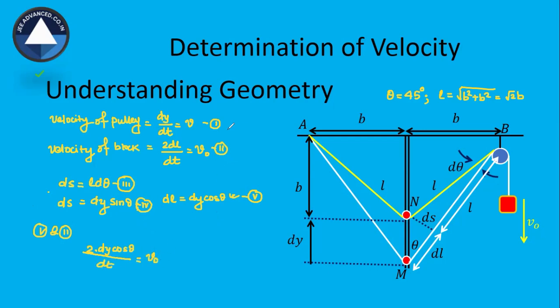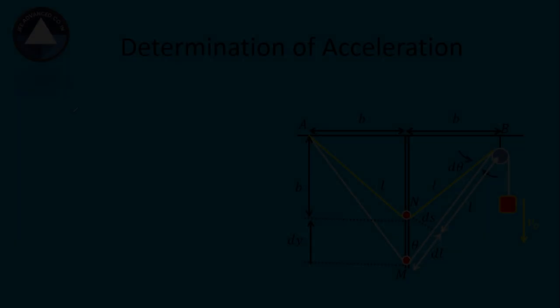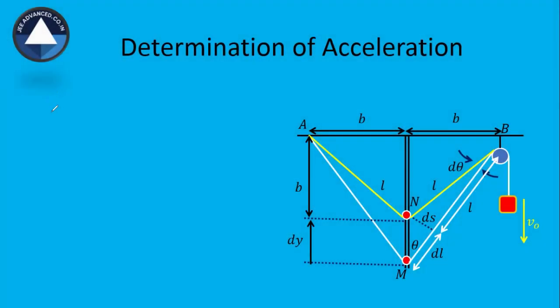But from 1, you know dy upon dt is v. So using 1, you are going to get a very simple relationship. 2, and in place of dy upon dt, we are going to write v into cos theta and this is equal to v naught. Okay, so now this is time to find the value of acceleration.